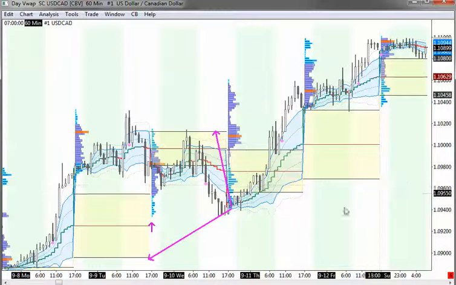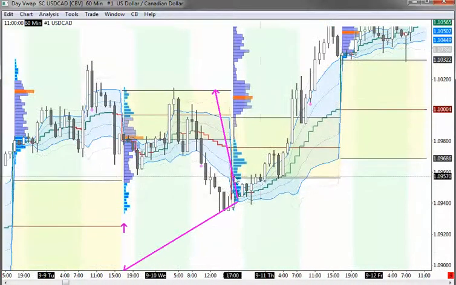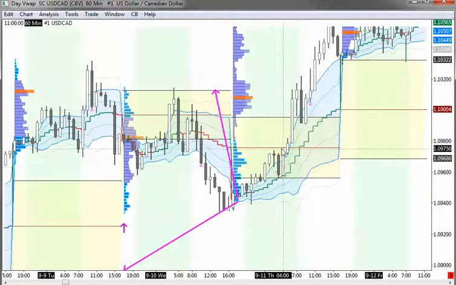And so we'd have evidence to support this. We would see closes and opens above the developing value area high, and we would see it follow through.